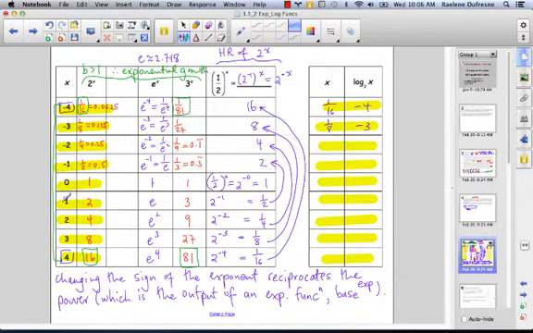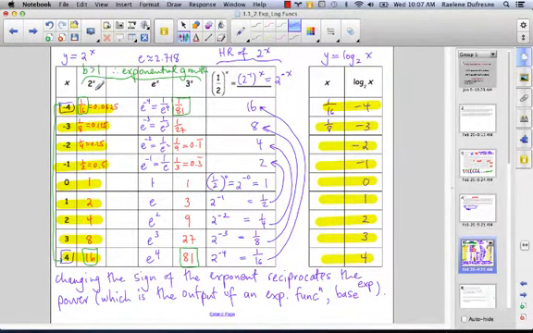All of the exponents used to be the input of y equals 2 to the x. Now we have y equals log base 2 of x, and the exponents that were the inputs become the outputs. So the outputs are negative 4, negative 3, negative 2, negative 1, 0, 1, 2, 3, and 4.